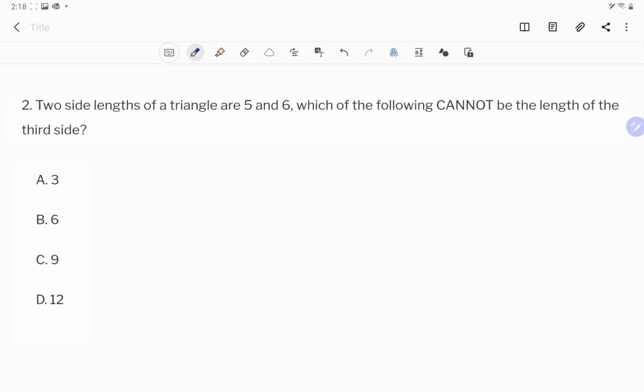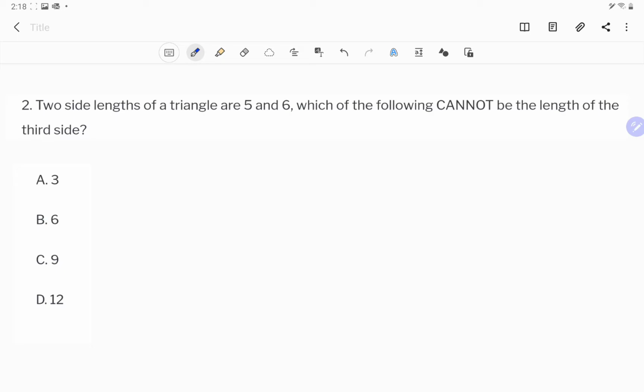Two side lengths of a triangle are 5 and 6. Which of the following cannot be the length of the third side? In this case, we are going to follow the properties of a triangle. One of the properties of a triangle is that if you add 2 sides of the triangle, the sum of those 2 sides should always be bigger than the other side.